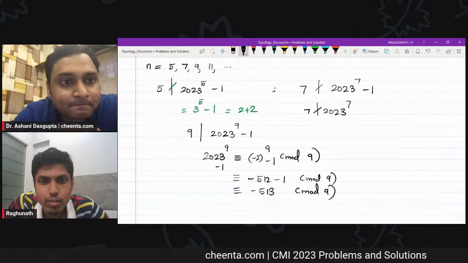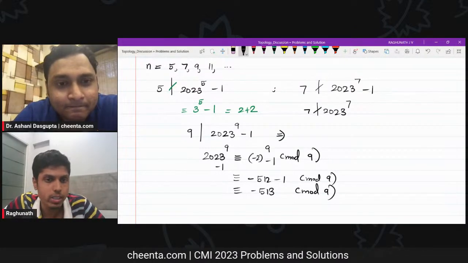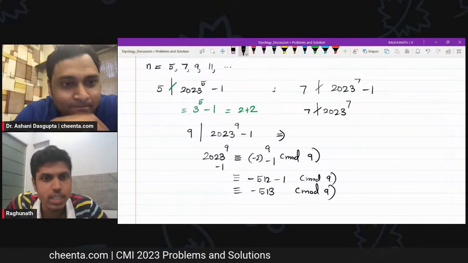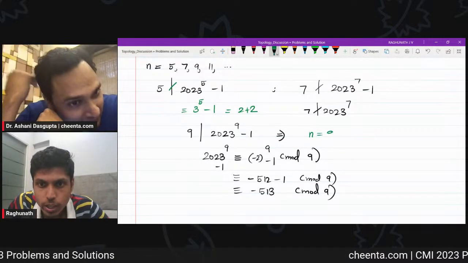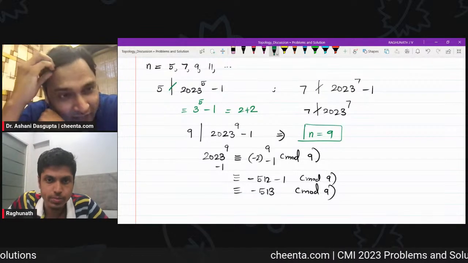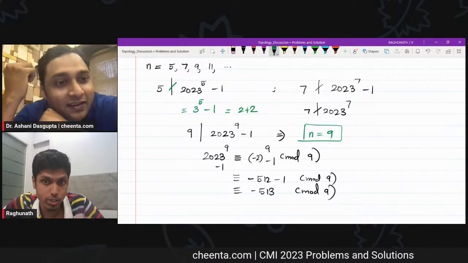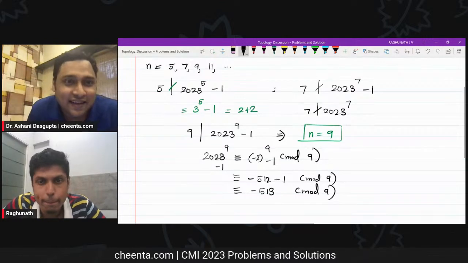Or you can factorize this to prove it, as we did for the case n equal to 3. So n equal to 9 is also a solution, and the second smallest number is 9.